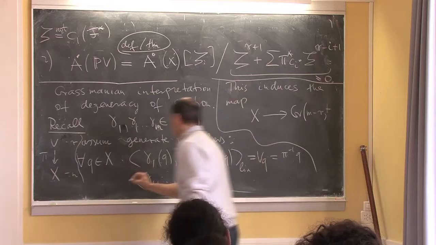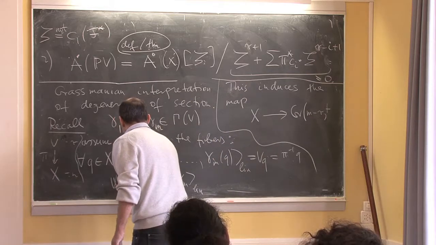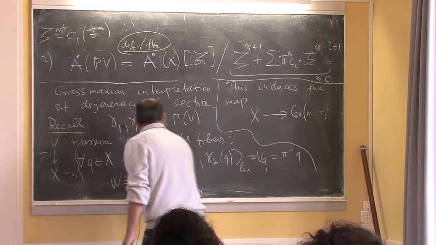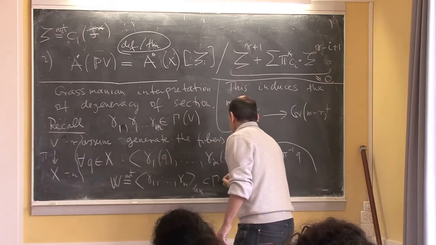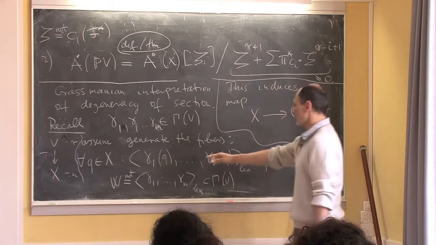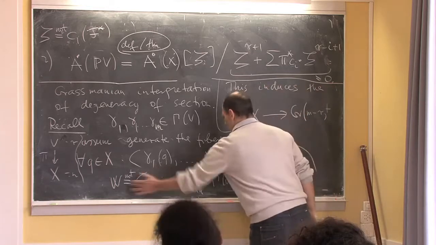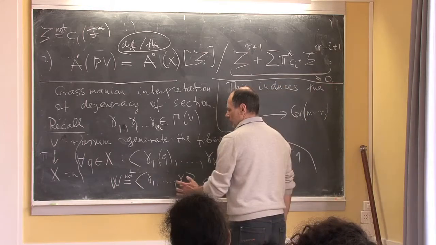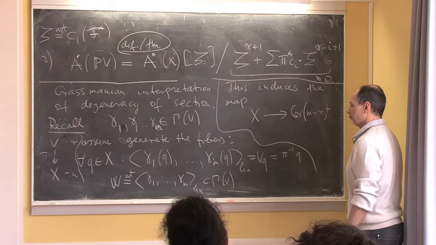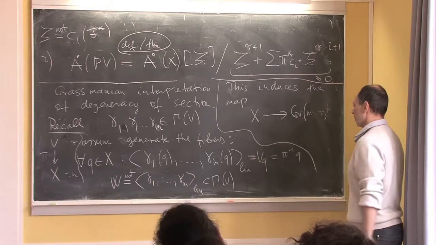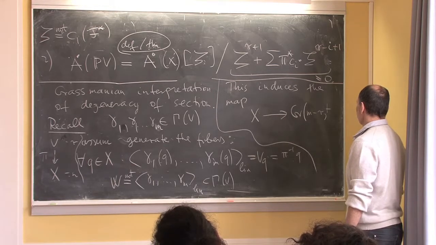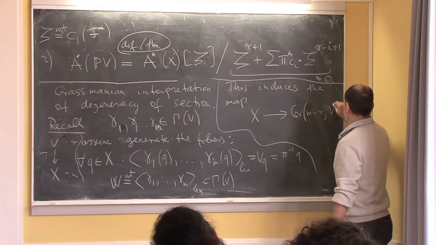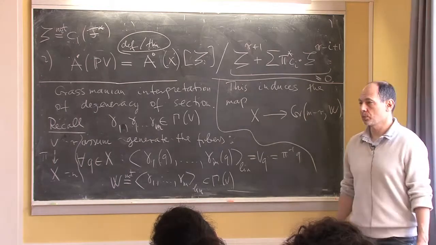Let's denote this by W. This is a notation, and this is a subset of the space of sections. So I just look at some linear subspace W of the space of sections, and well, it has a basis like this. Okay. So then I have a map like this, so this is the point.